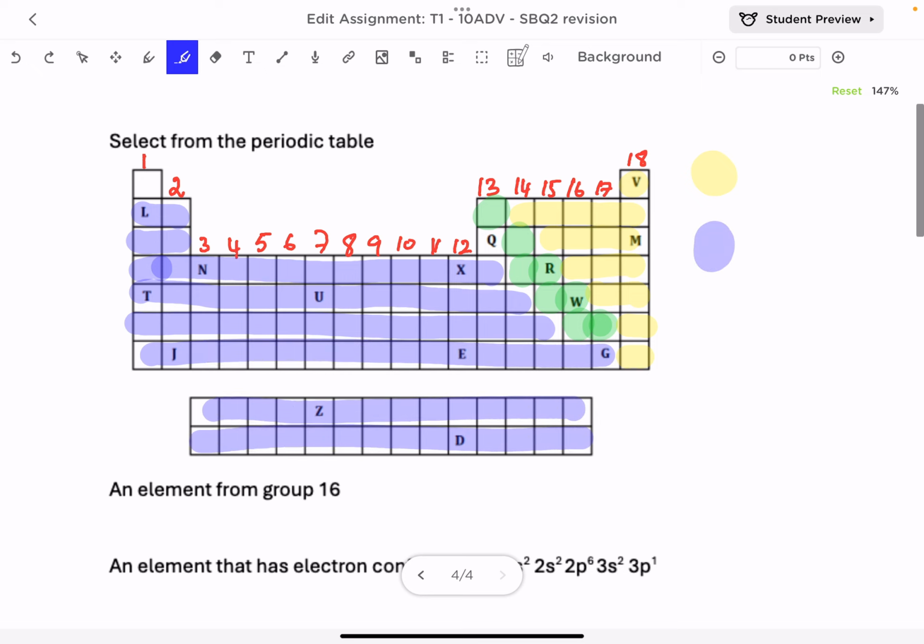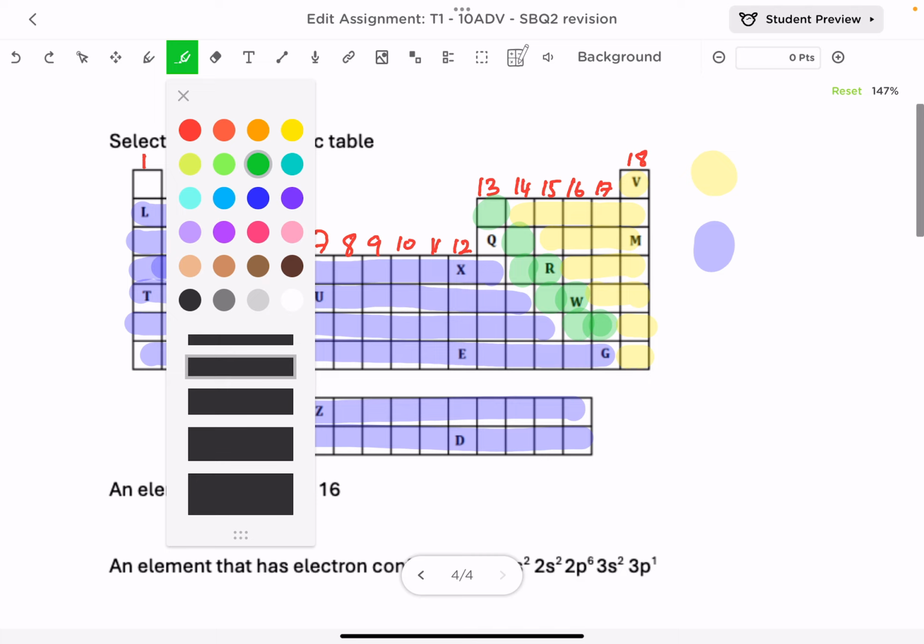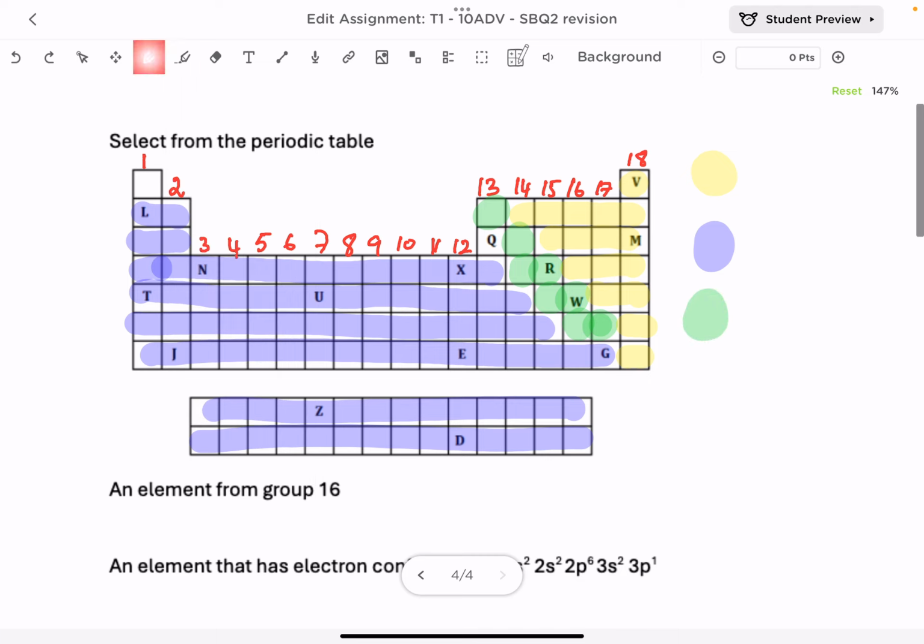The blue are the metals. The green are the metalloids. So non-metals, metals, metalloids. Now, this is an S block element and this is an S block element.